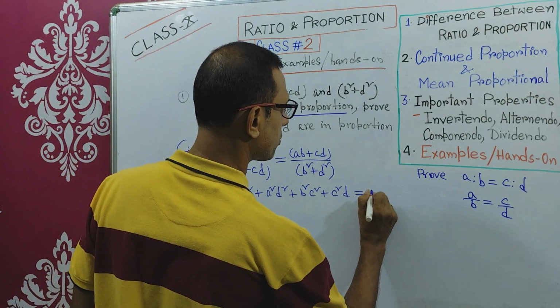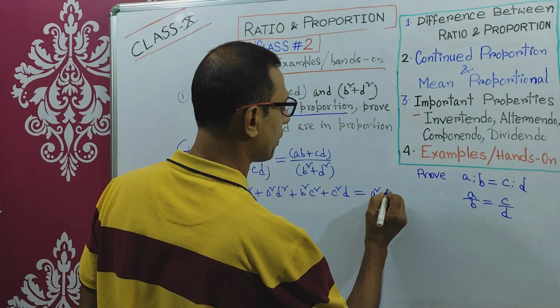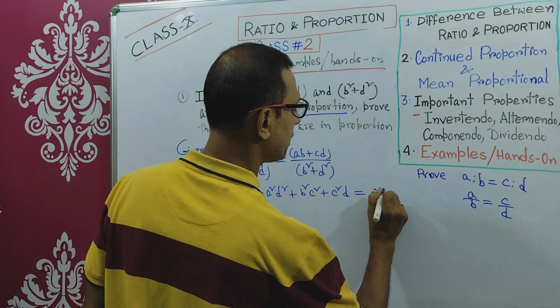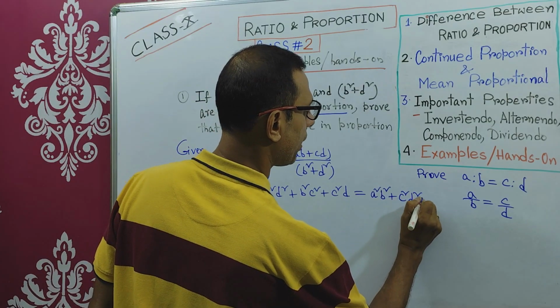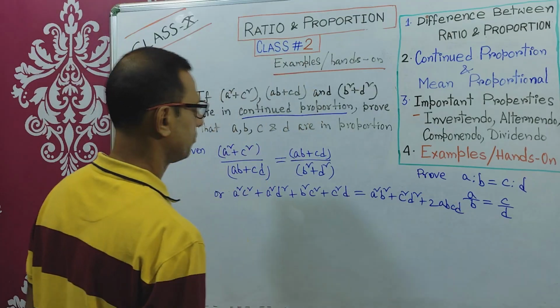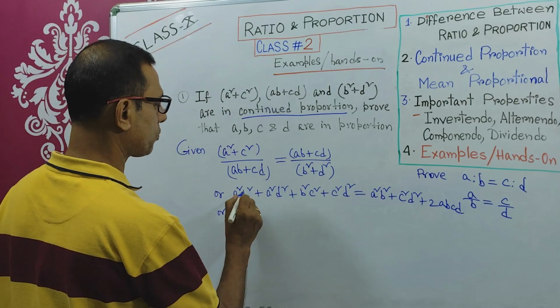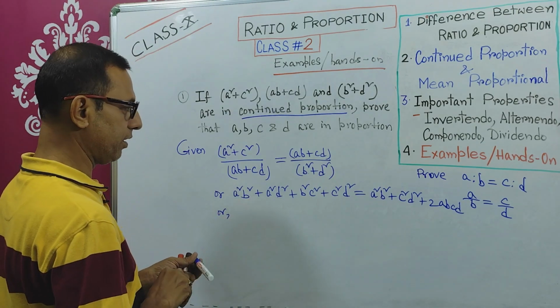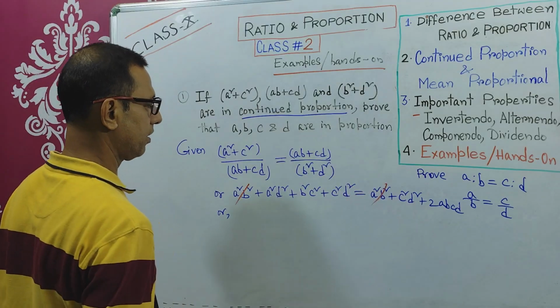AB plus CD whole square, using the formula for A plus B whole square, is A square B square plus C square D square plus 2ABCD. Okay? So A square B square is on both sides, that means you can cancel. These two are cancelling.